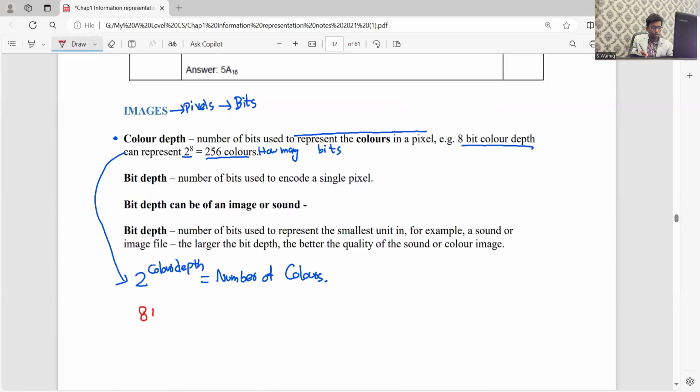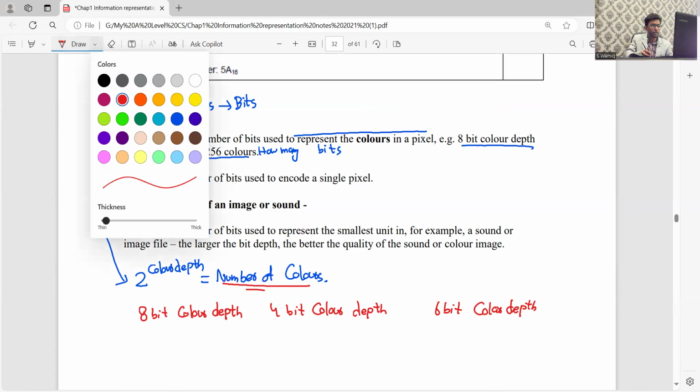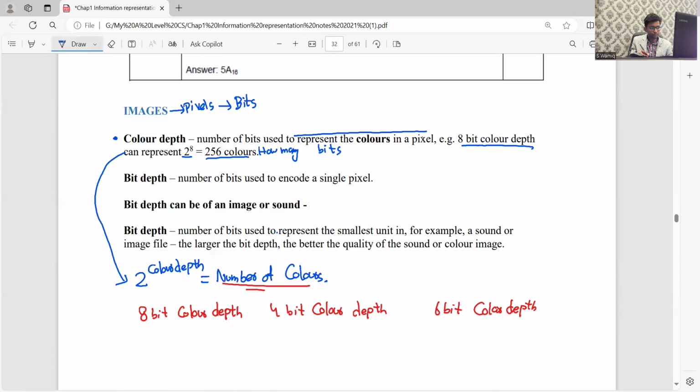For example, if you have an 8-bit color depth, or a 4-bit color depth, or a 6-bit color depth, and the question says that you need to define the number of colors, you are going to use this formula.